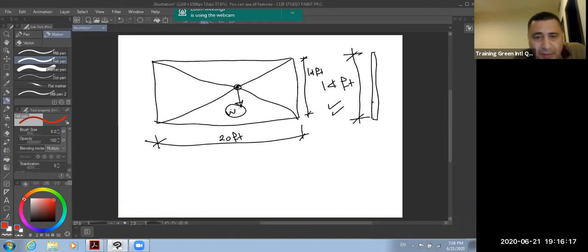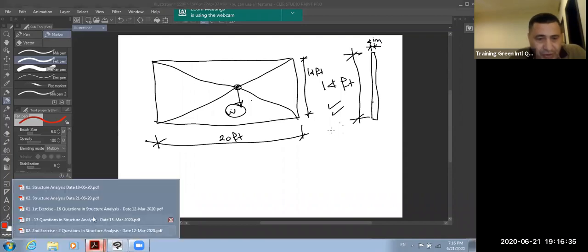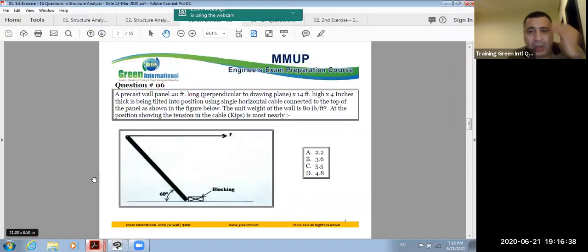The thickness of the wall is 4 inch. So 14 multiplied by 4 inch thickness is being tilted into position using a single horizontal cable. This single cable is needed to move this panel. A horizontal cable connected to the top of the panel.